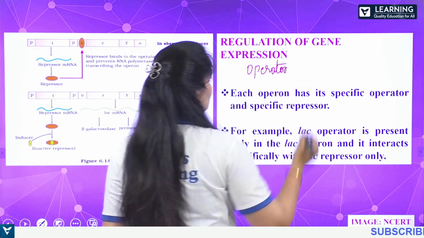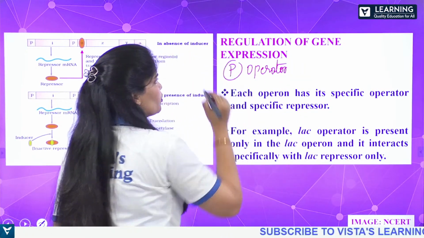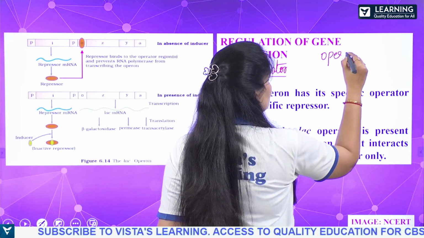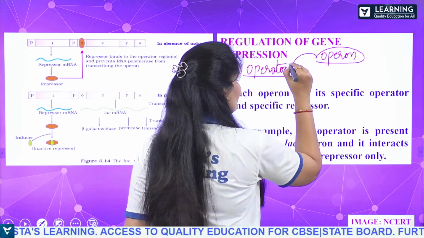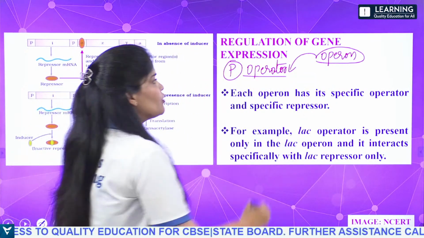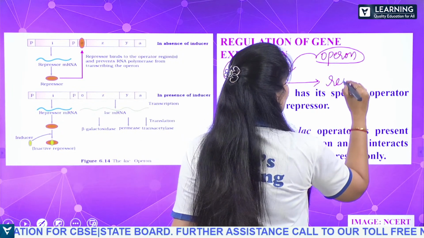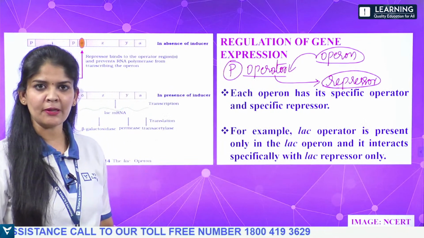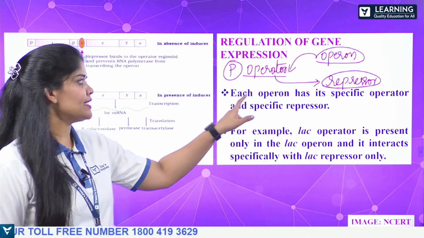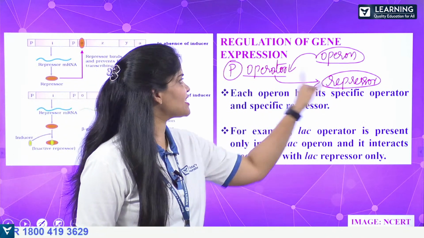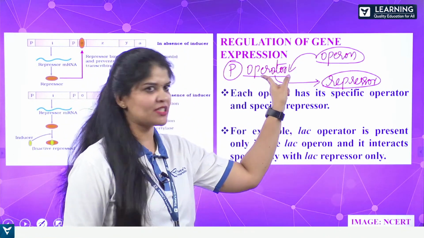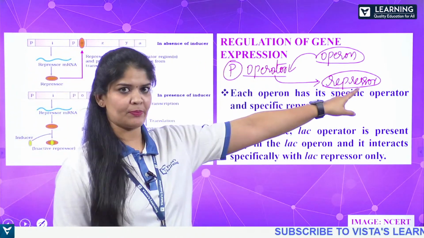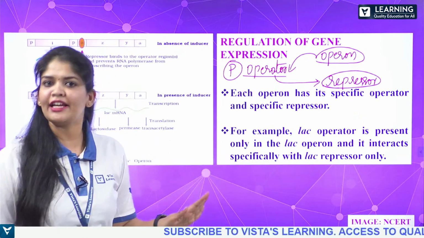Each and every operon will have a specific operator, which will have specific repressor proteins. These repressor proteins are going to regulate negatively. So each operon has its own specific operator, present next to the promoter element, and specific repressors. These repressors are produced by the I genes.